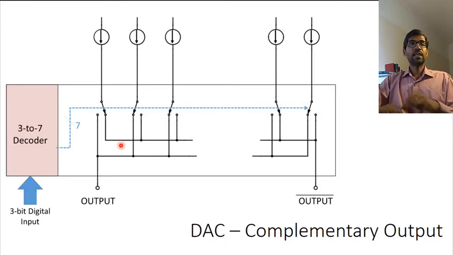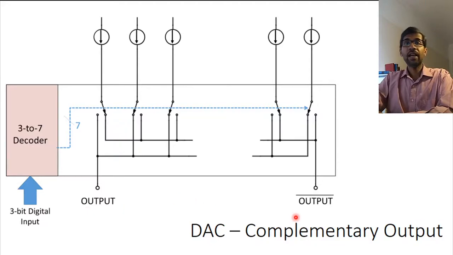One way of making it faster is by using this kind of circuit where you have complementary outputs. So you have an output and an output bar. These are current sources which could be formed by using resistors and Vref, but I just drew them as current sources to give you a different idea.